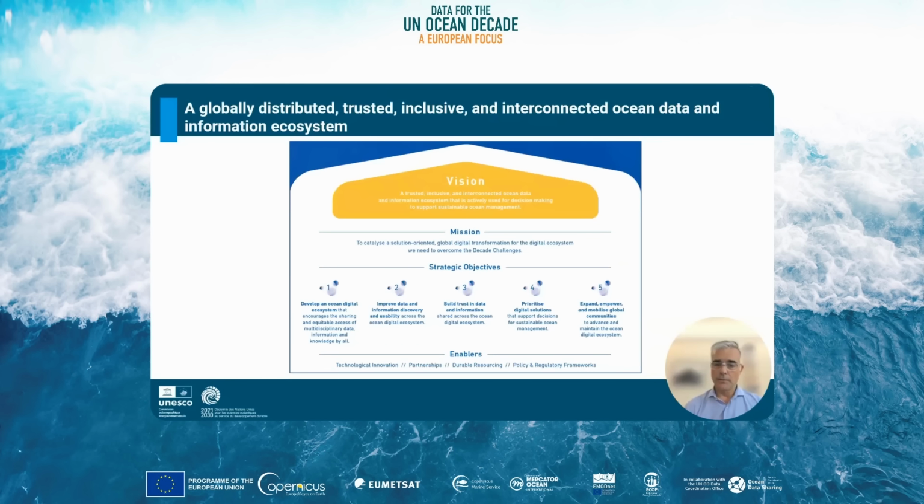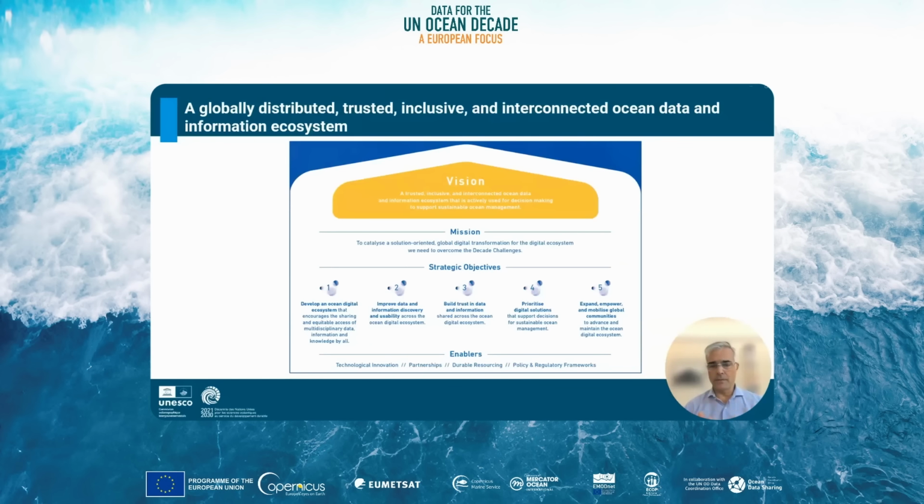A fourth objective is really focusing on prioritizing digital solutions that really will speak to and help us achieve these 10 decade challenges. And then last but not least, in order for this digital data and information ecosystem to thrive, we really need the people and the resources.